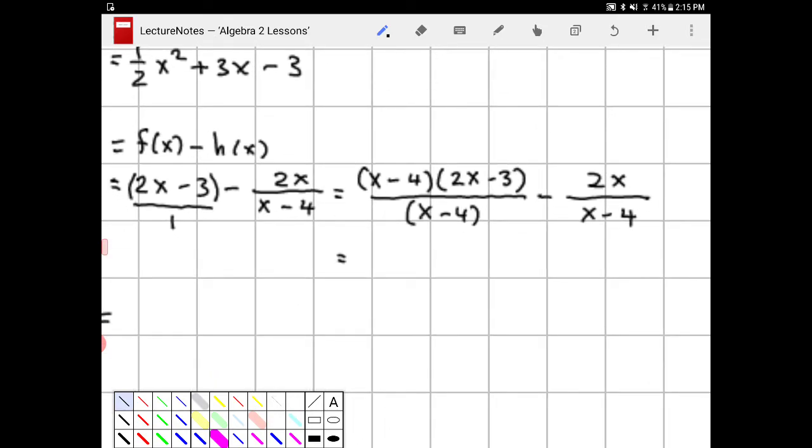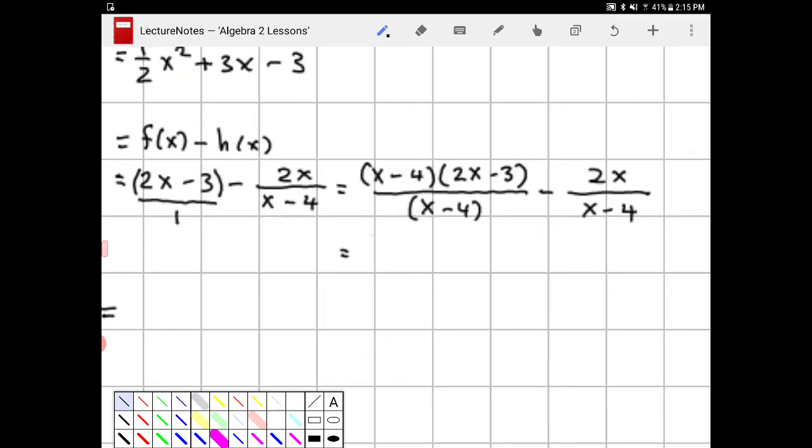We're going to FOIL out the numerator, so that becomes 2x squared, and I want to do this a little quickly, minus 11x plus 12, all over x minus 4, minus 2x over x minus 4.